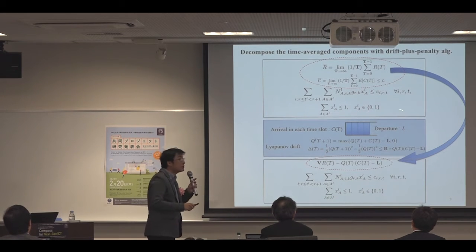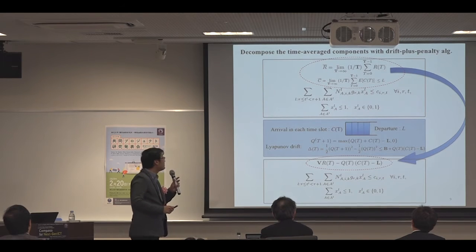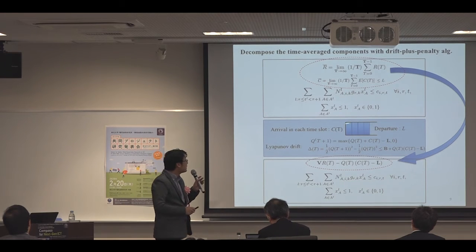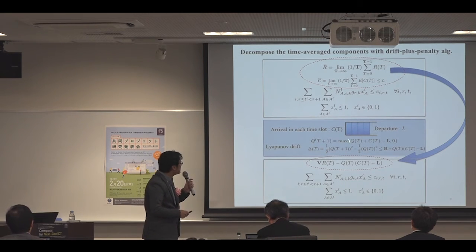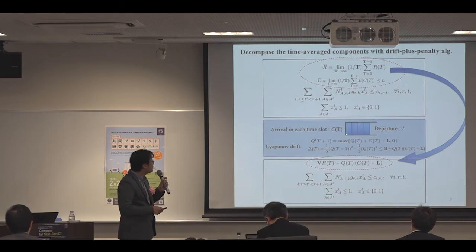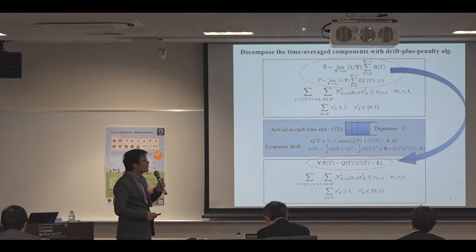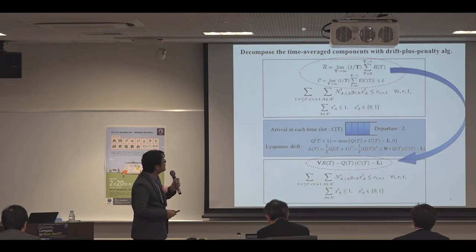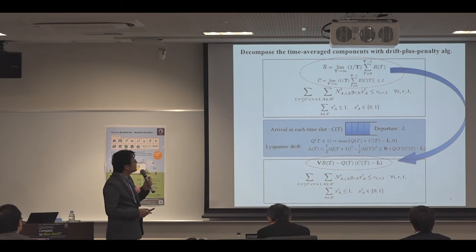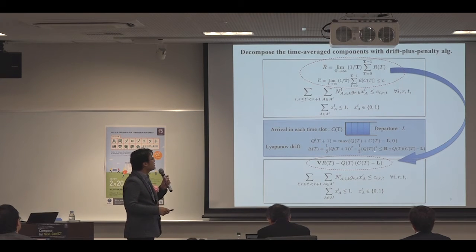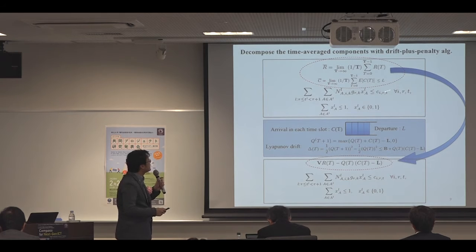At the start time, the queue is empty, and in each time slot, we observe a data transportation cost CT, and we increase the queue with CT, and we decrease the queue with a constant L. This L is the same as this one.